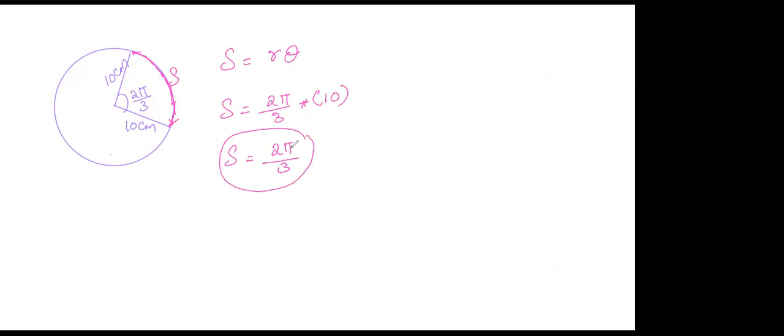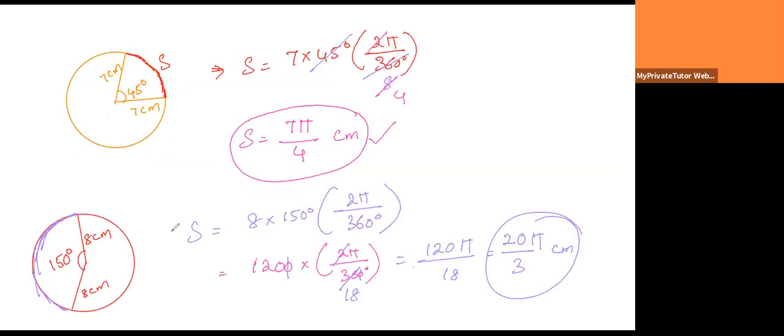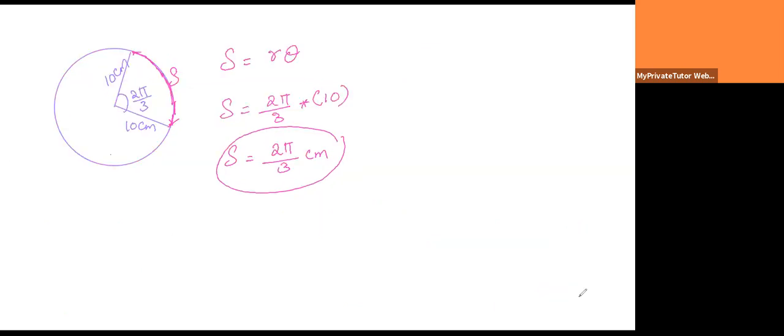So you might think we got the same answer compared to the previous question, but their radius was 8 centimeters and here it is 10 centimeters. Okay, we thought correctly, no worries.